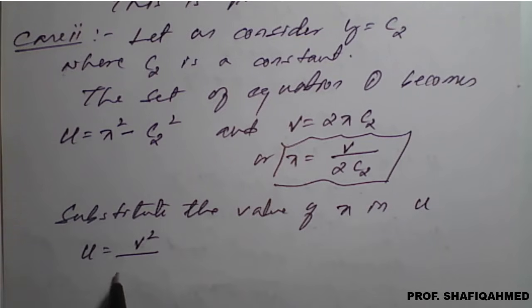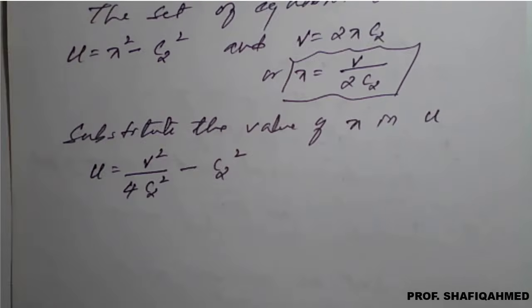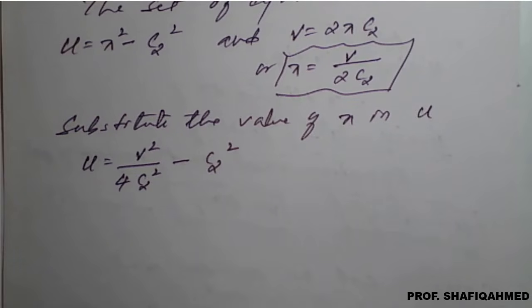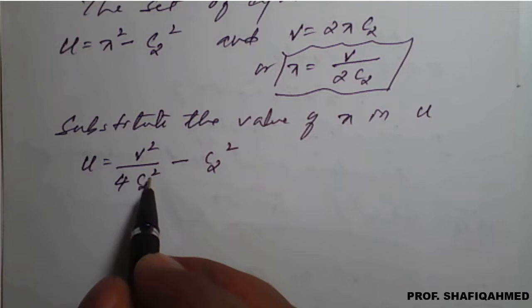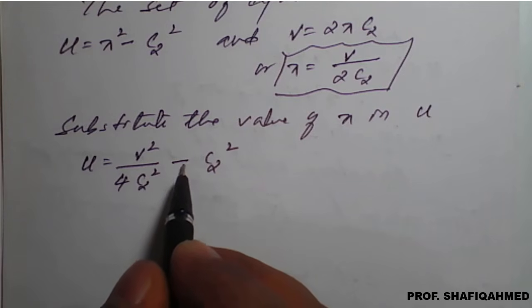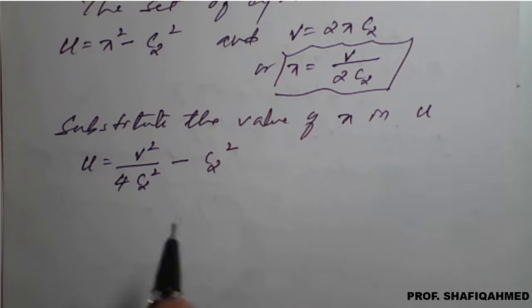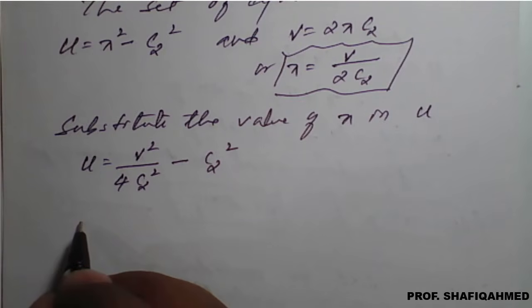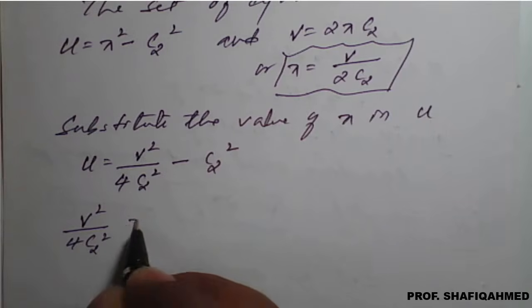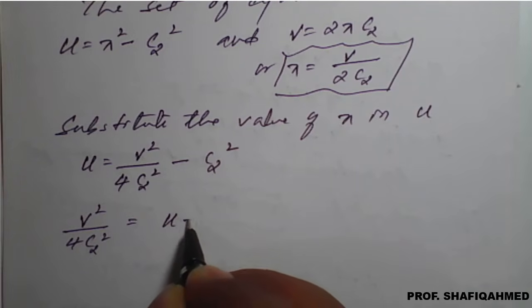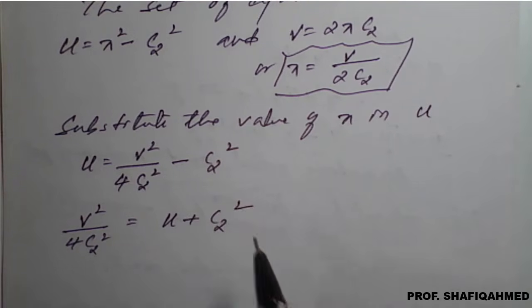On rearrangement, keep v square upon 4c2 square on the left hand side only, and shift minus c2 square to the other side, so v square divided by 4c2 square is equal to u plus c2 square.